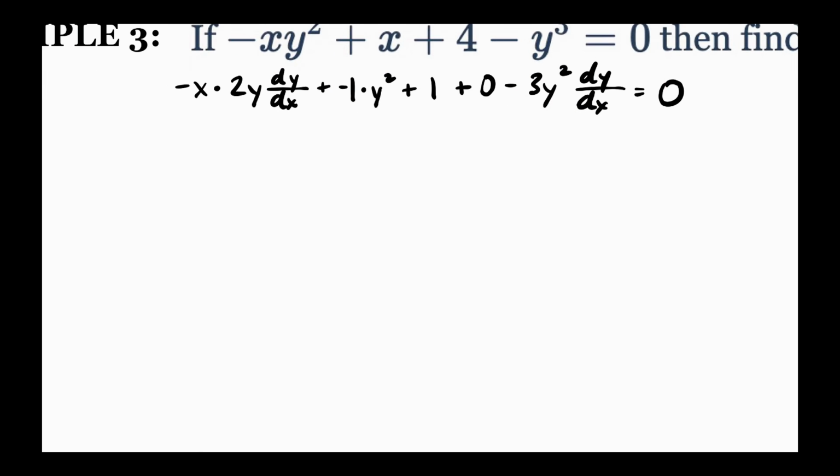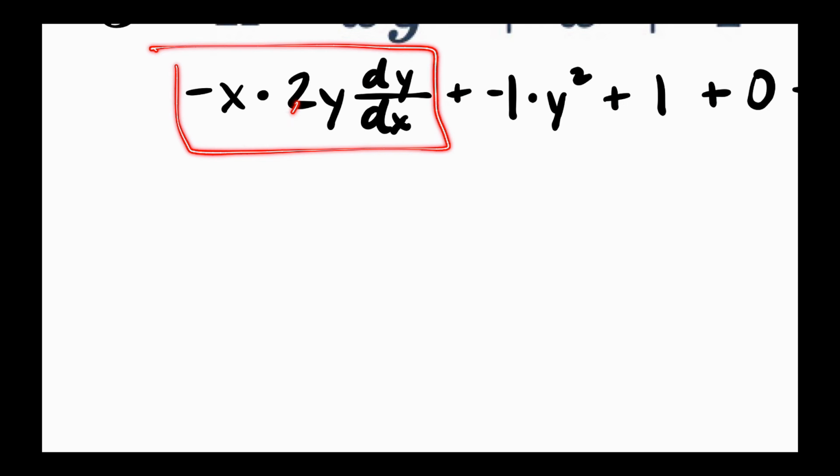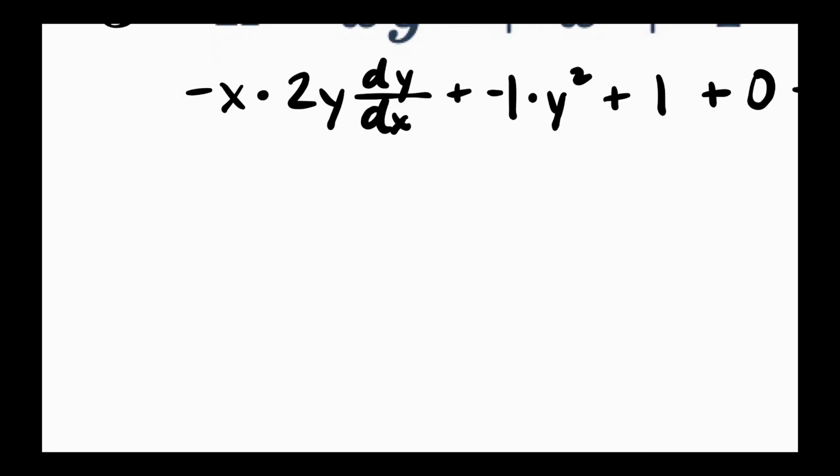So you can kind of clean this up a little bit. So we have negative x times 2y. So this is what I'm going to do. This first term here is all multiplication. There's no addition or subtraction. So this first term here, I'm going to move the 2 to the front.